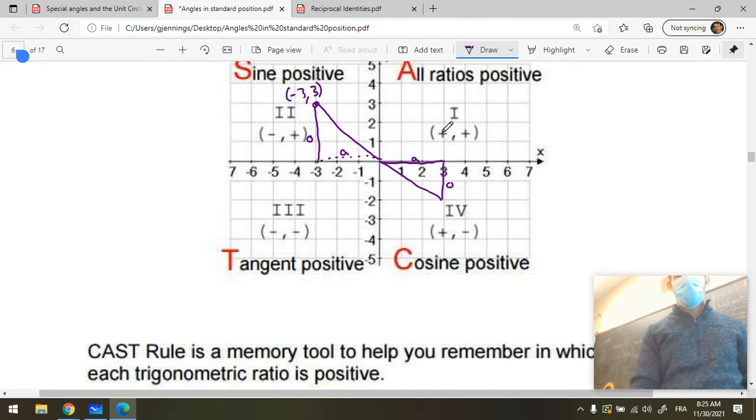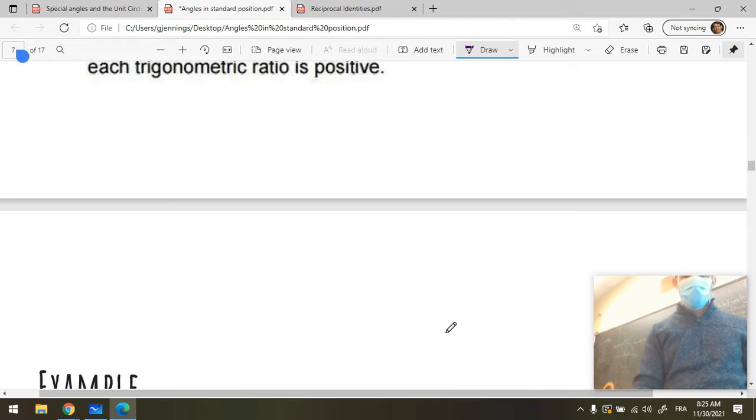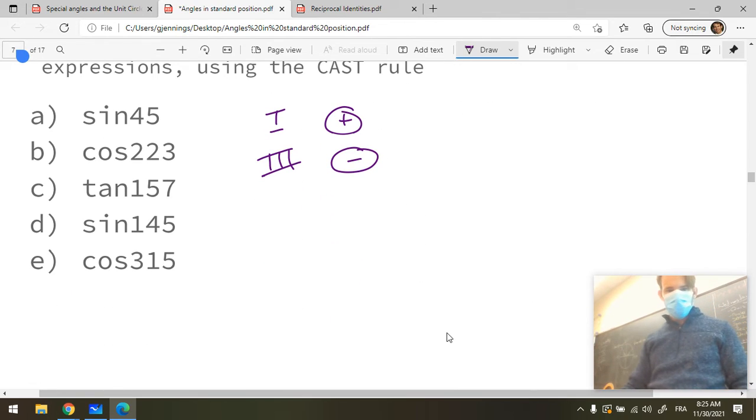Because here, you have positive x, positive y. Here you have negative x, negative y. So negative divided by negative is a positive. So that's why tangent, opposite over adjacent, is positive across from itself. Sine is positive over here, and cosine is positive down here. Okay, so this one is negative, because this happens to be in the second quadrant.